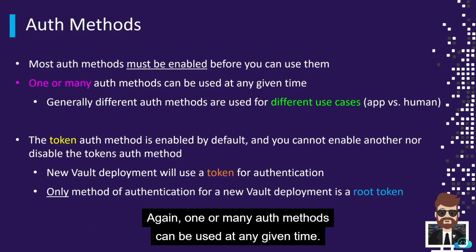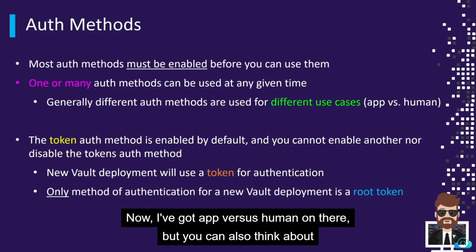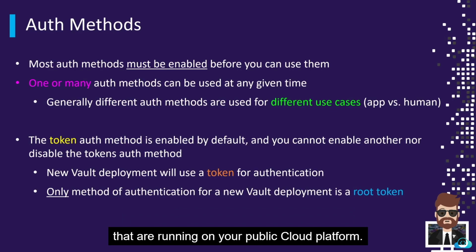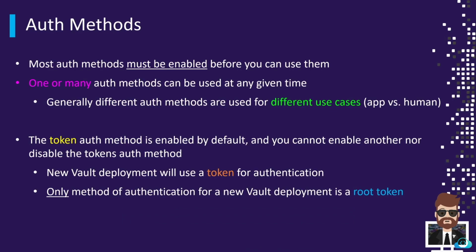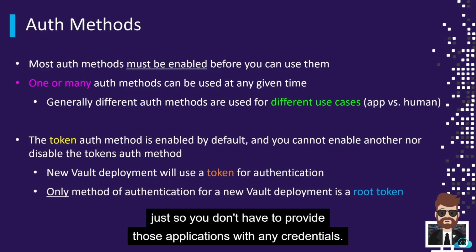So again, one or many auth methods can be used at any given time, and generally different auth methods are used for different use cases. Now I've got app versus human on there, but you can also think about maybe different apps. Maybe you have some applications that are running on your public cloud platform, and it may make more sense to use the public cloud platform authentication method just so you don't have to provide those applications with any credentials.